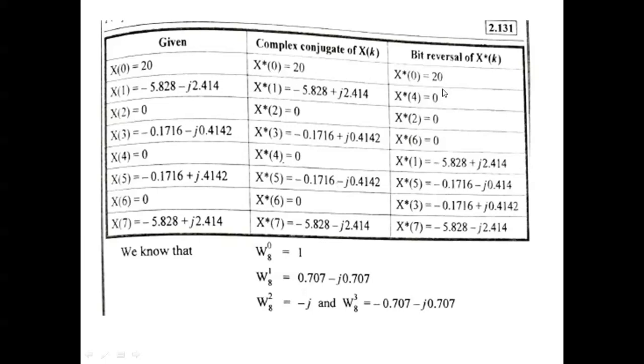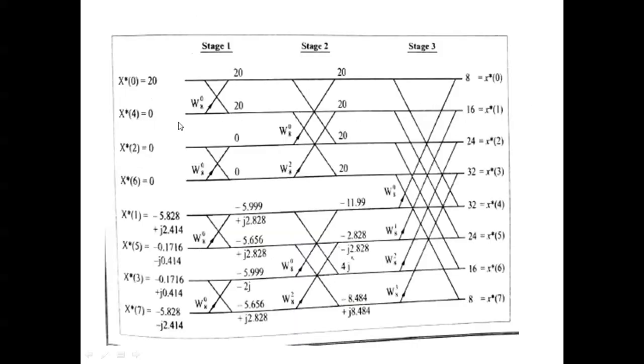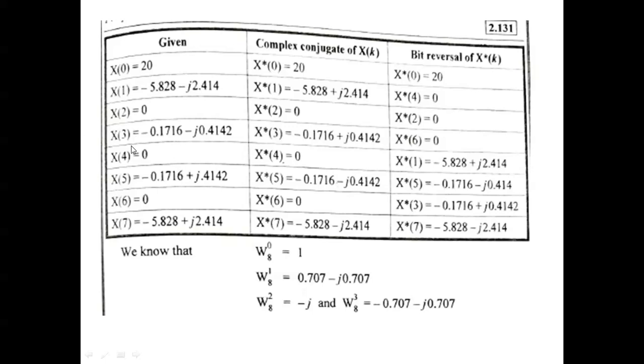Here the complex conjugate and the bit reversed order are all written. The given values are x of 0, x of 1, x of 2, x of 3, x of 4, like that, and the complex conjugate of those values, x of k in bit reversed order.